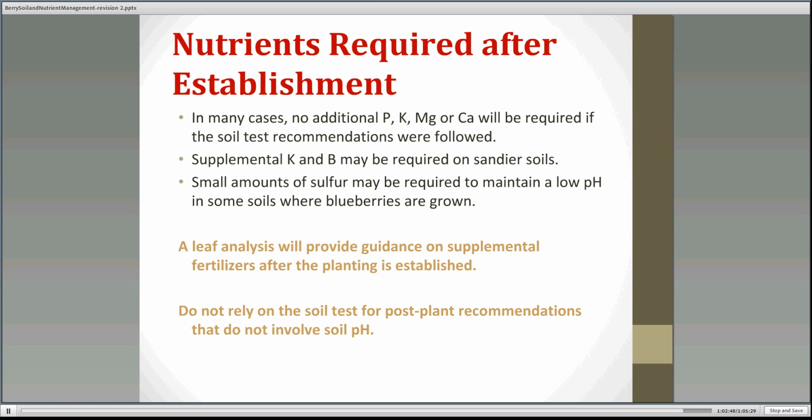And small amounts of sulfur may be required to maintain a low pH in some soils where blueberries are grown, especially if calcium levels are approaching 2,000. Leaf analysis provides guidance on supplemental fertilizers after the planting is established, and don't rely on a soil test for post-plant recommendations that do not involve soil pH. Remember, the pH has to be at the correct range.